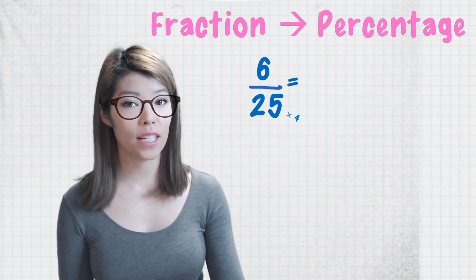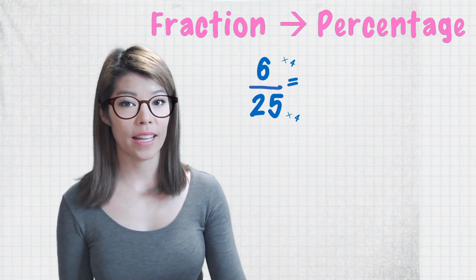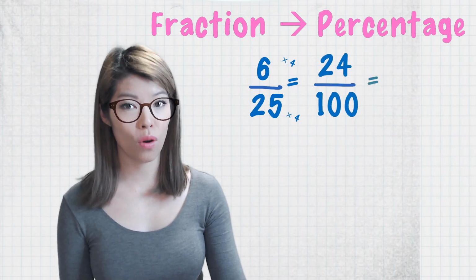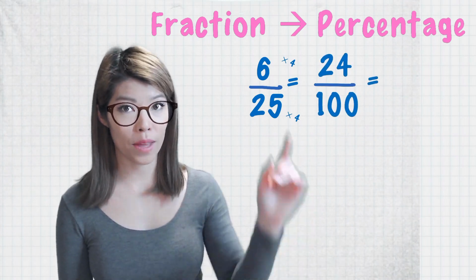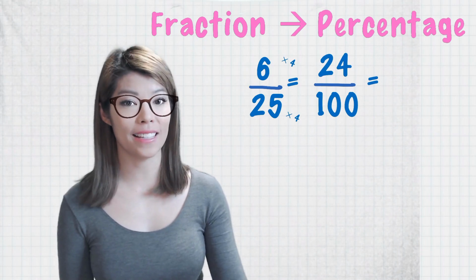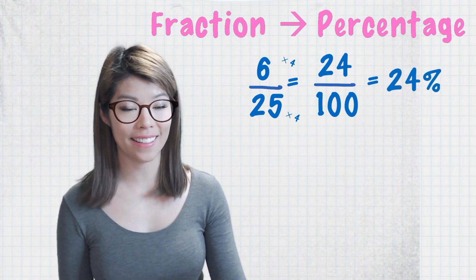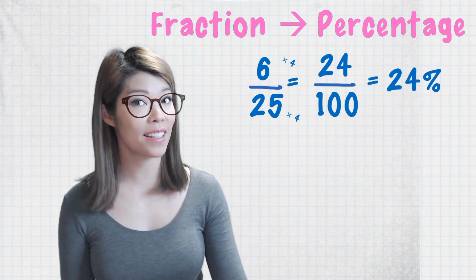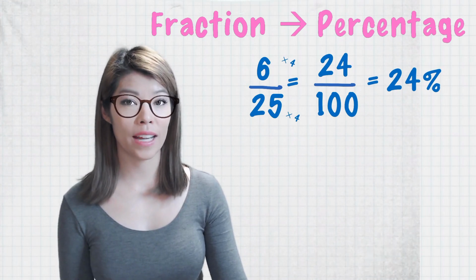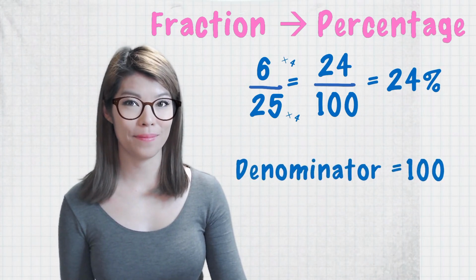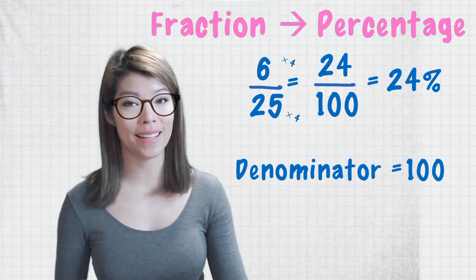So we multiply the top and bottom by 4, and therefore we get 24 over 100. And something out of 100 means percent. So we get 24%. So to turn fractions into percentages, you aim to make the denominator into 100 and then multiply the top and bottom by the same value.